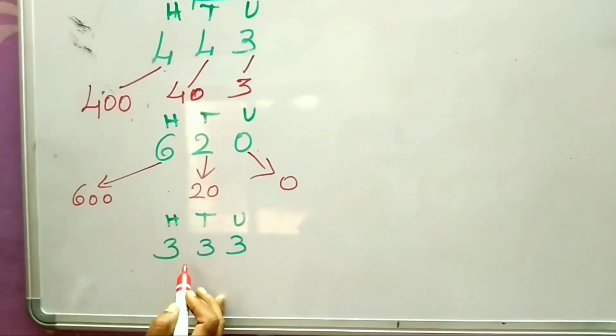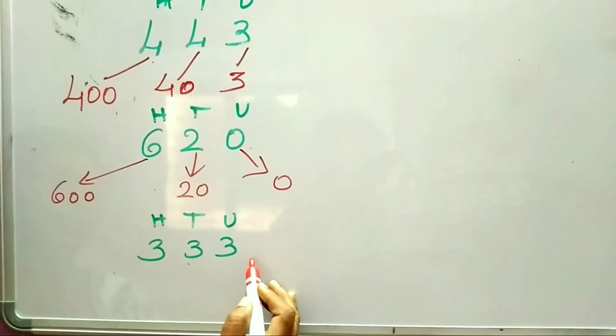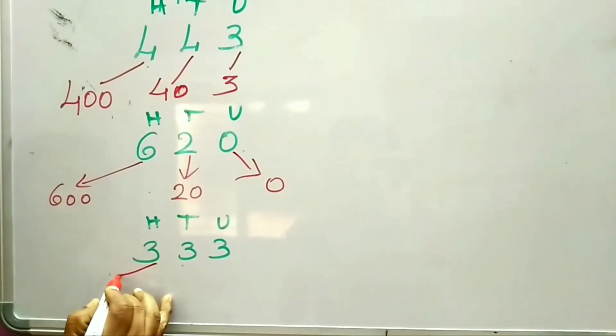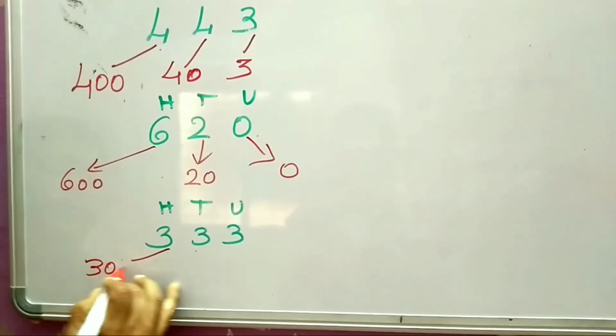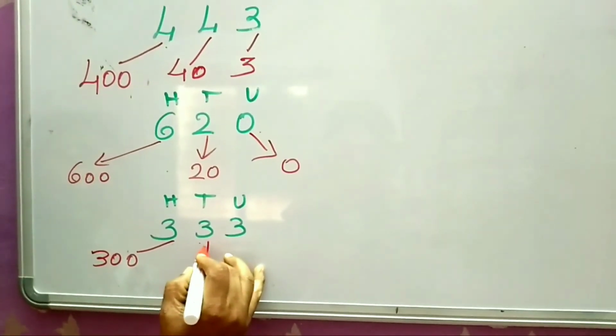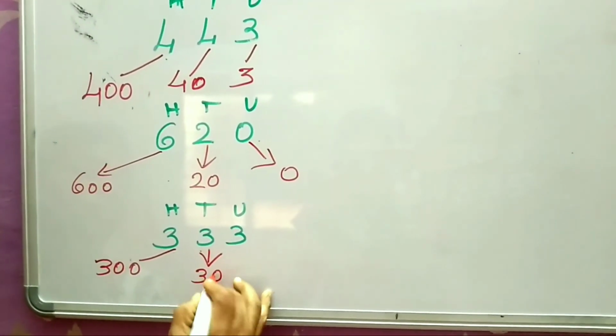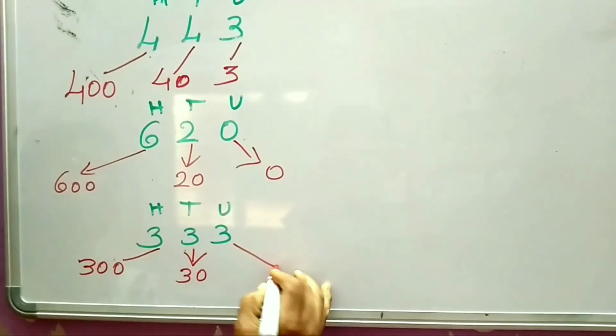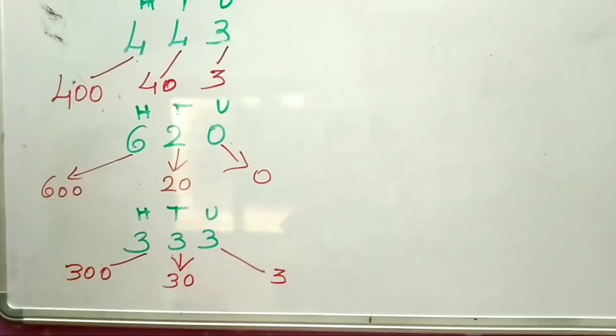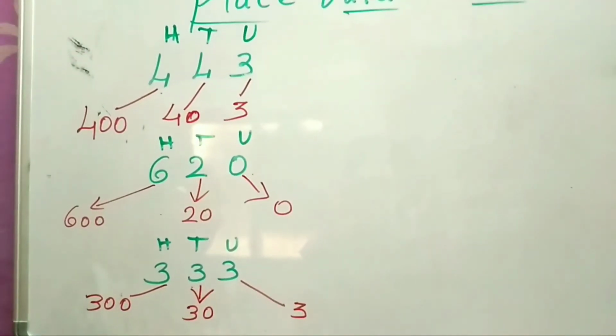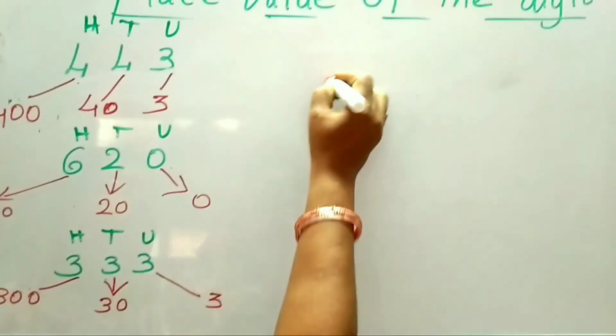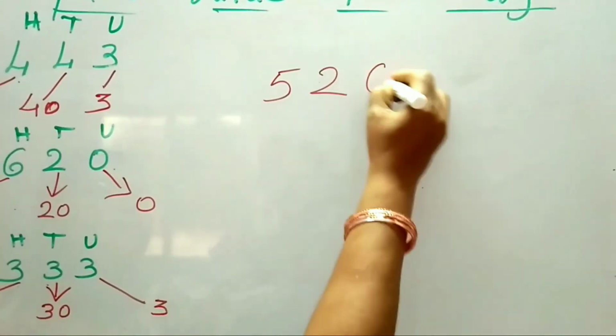Now the next number 333. The value of 3 in the hundreds place is 300. And the value of 3 in the tens place is 30. And the value of 3 in the units place is 3. So place value of the digits 526.